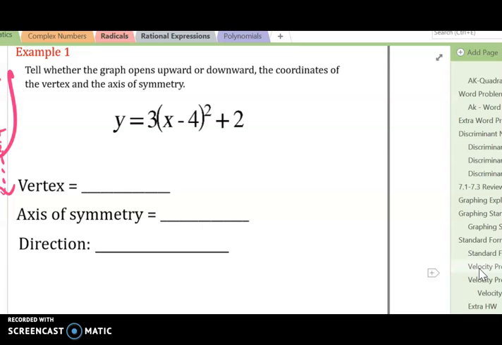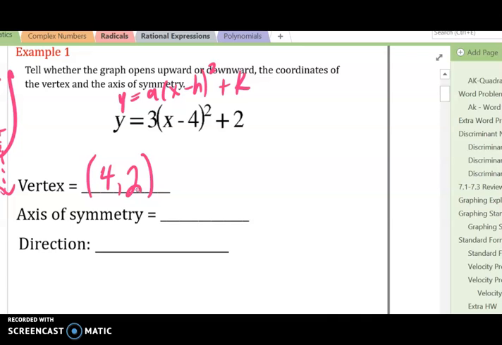So the vertex, I hope you know. So y equals a(x minus h) squared plus k. (h, k) is always your vertex. Now, if it is a minus sign, then that is what the value is. So it is a positive 4, and whatever k is. So my vertex is (4, k).